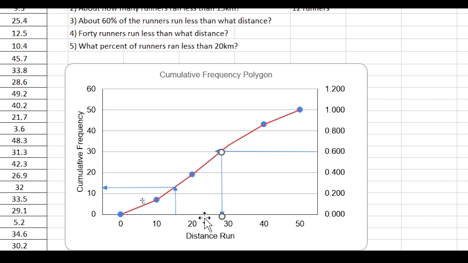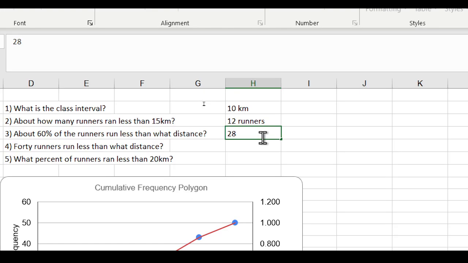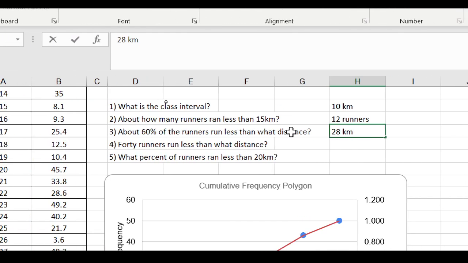My guess is 28 or 29. Let's go 28. Sorry, about 28 kilometers, since it's on the x-axis. So 60% of runners run less than 28 kilometers.